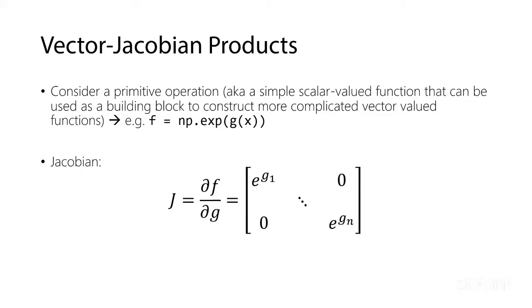The Jacobian of this will then be partial f partial g, okay? Which in this case is a diagonal matrix whose diagonal components are exponential of g1 through gn. Now, in this particular situation, we see that the Jacobian is zero everywhere except the diagonal, as far as this particular function is concerned.